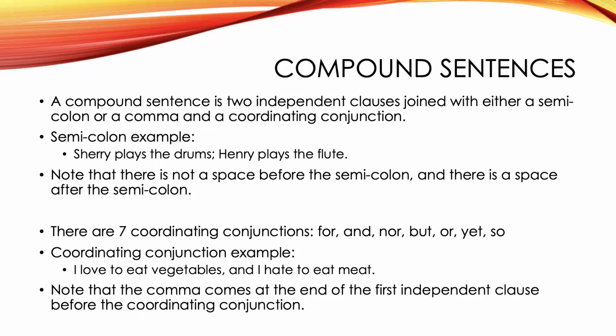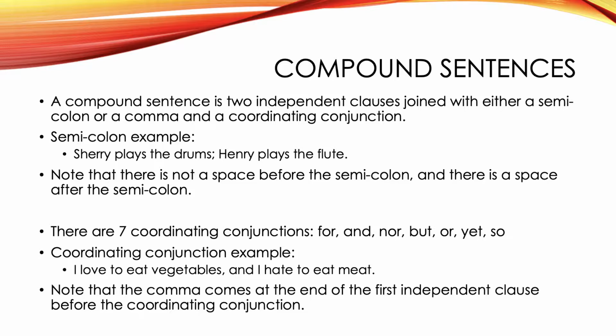I learned those by remembering the phrase FANBOYS, where each one of those letters stands for one of the coordinating conjunctions. So F is for, A is and, N is nor. So FANBOYS would be for, and, nor, but, or, yet, so. Then you can use any one of those to join two independent clauses.